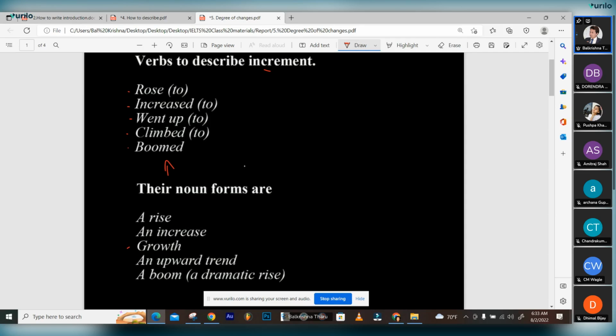For example, the price of oil rose from $10 to $15. There was a rise in the price of gas from $5 to $10. In the same way, we may use other verbs and nouns. You may take the screenshot of this.